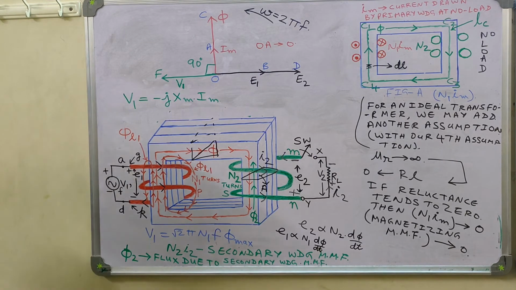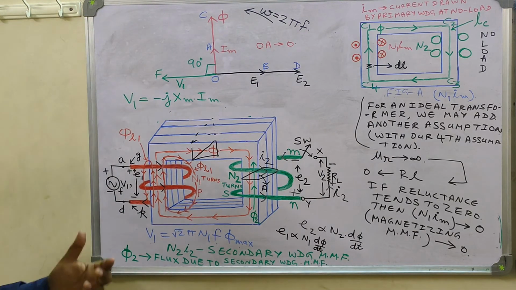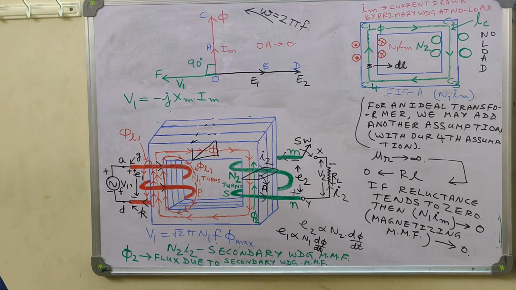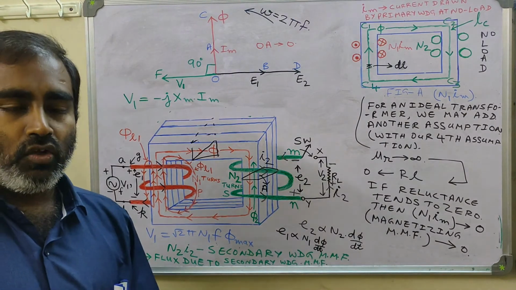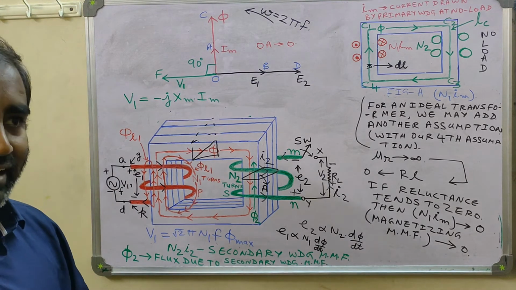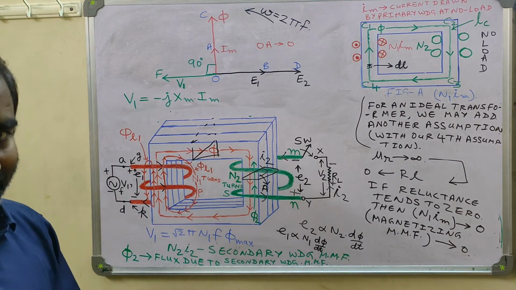Because if you want to model this relationship between V1 and Im, you have to take the help of an inductive reactance. Because for an inductive reactance only, which we have learned in our circuit theory, the current is lagging the applied voltage by 90 degree.